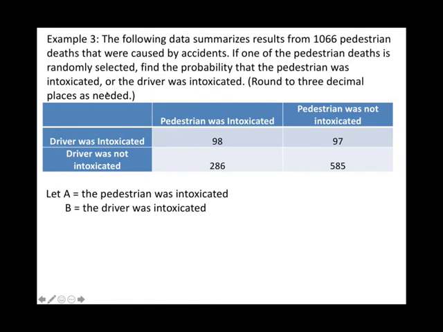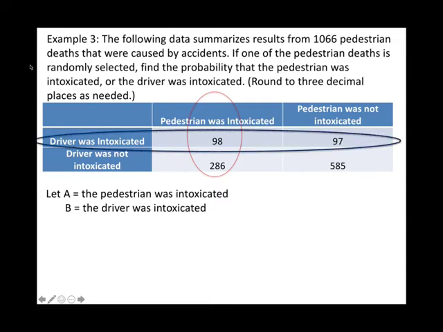So this is going to be or. Think about it. Is it a mutually exclusive event or not mutually exclusive? First, let's circle the pedestrian was intoxicated, and then the driver was intoxicated. So you could see we do have an intersection. So you know these two events are not mutually exclusive. So let's apply the formula.